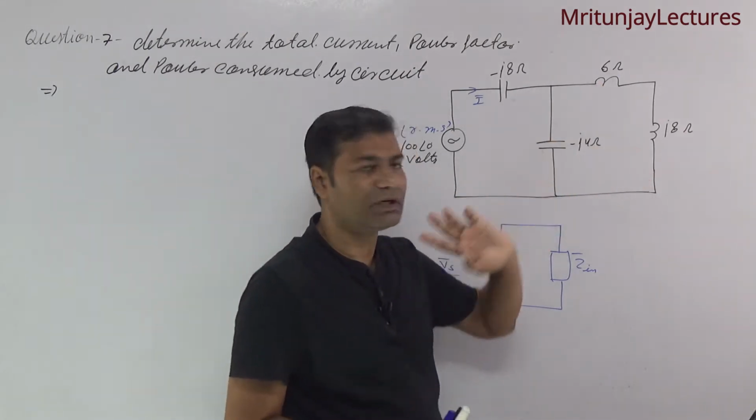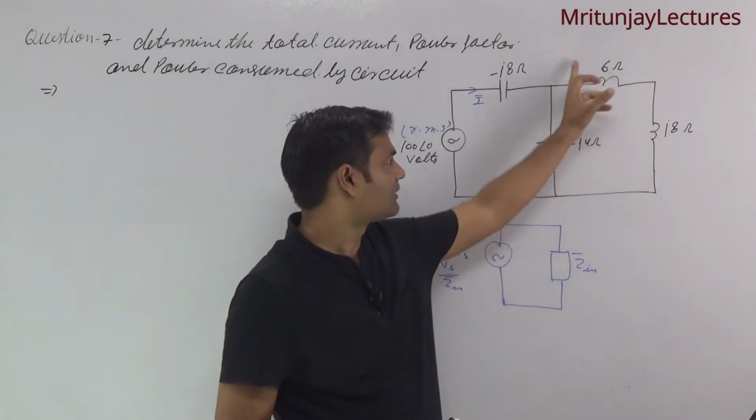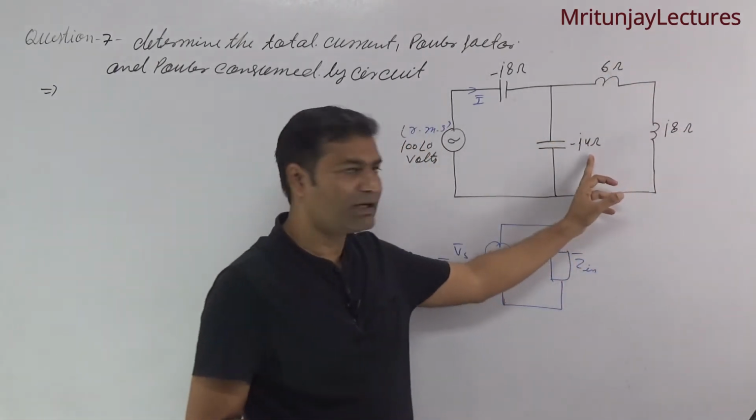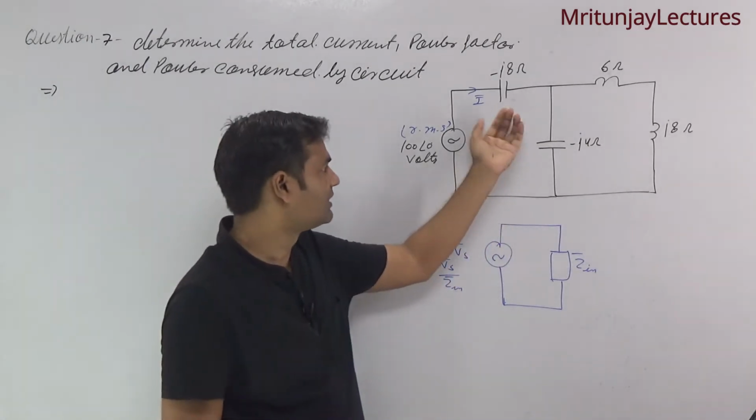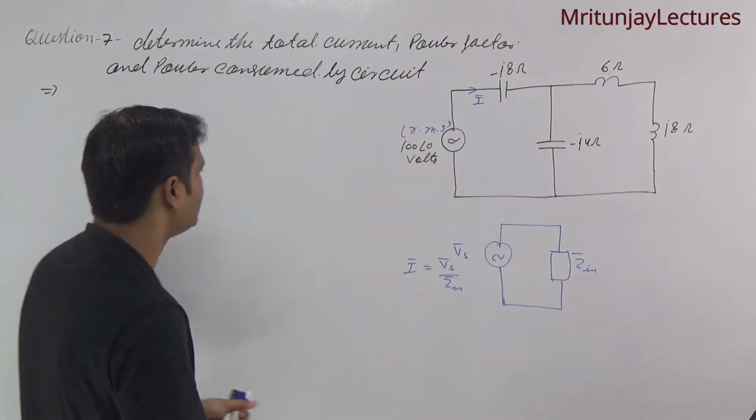This one and this one are in series, and the combination of these two is parallel to this one. After that, this combination is in series with this one. So how can I start?